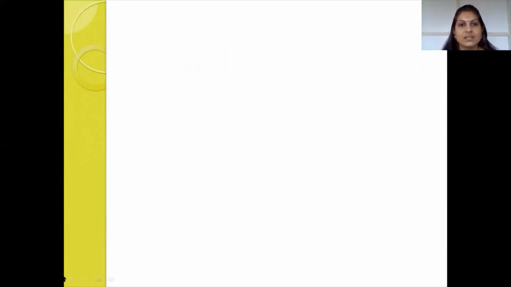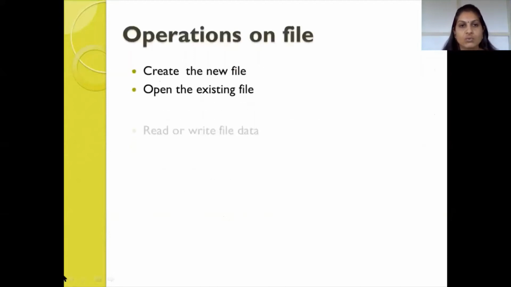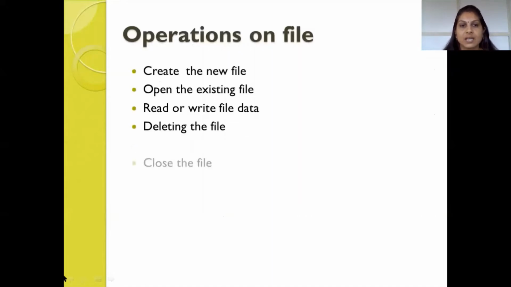Next are the operations to be performed on our files. We can create new files, open existing files, read data from a file or write data into a file. If you do not need the file right now, you can delete it also, and close the file. These are all the operations on files.